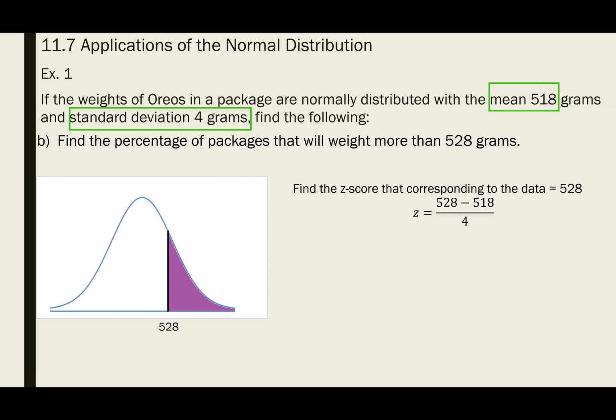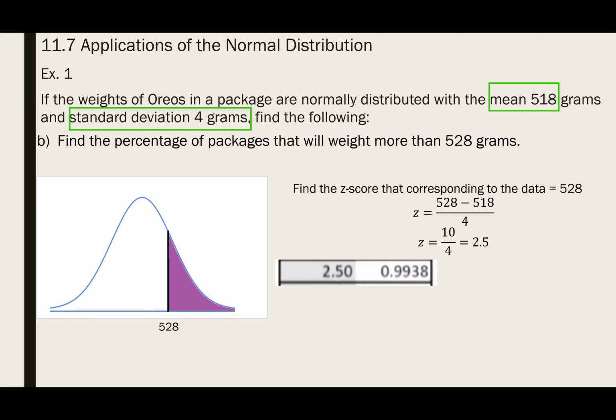The data minus the mean divided by the standard deviation, the data is 528 minus 518. That will give me 10. 10 divided by 2 will give me 2.5, positive 2.5. And if I look at the table, 2.5, which is 2.50, the corresponding area is 0.9938.